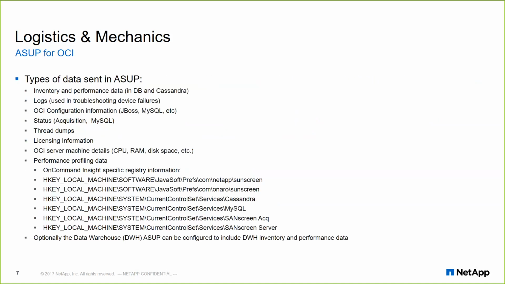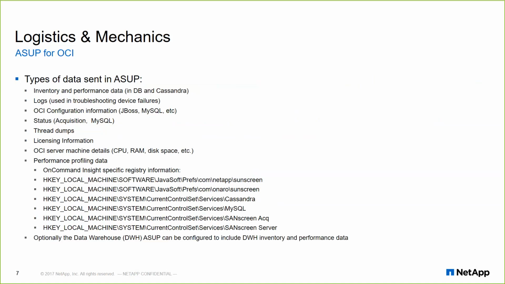Okay, as far as the types of data sent, it really depends on what options you choose. This is a comprehensive list of what's possible, so some of these may or may not be sent depending on how you set it up. We can send the inventory and performance data back to NetApp. We can send the logs.